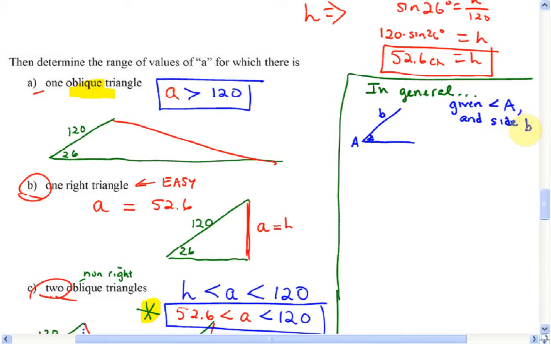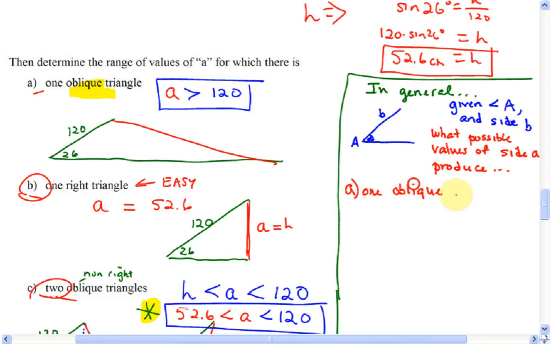the question is, what possible values of side A produce the following things? One oblique triangle. I'm just doing the same thing again, except I'm trying to generalize it.